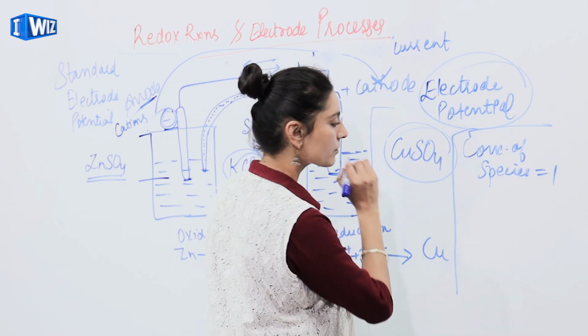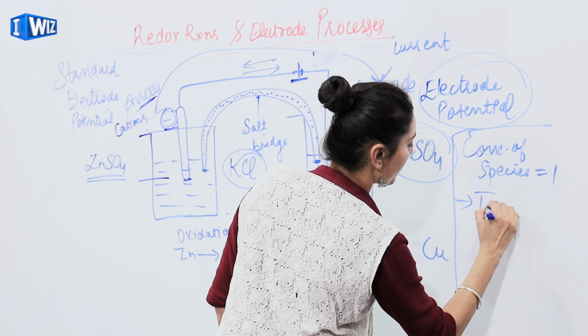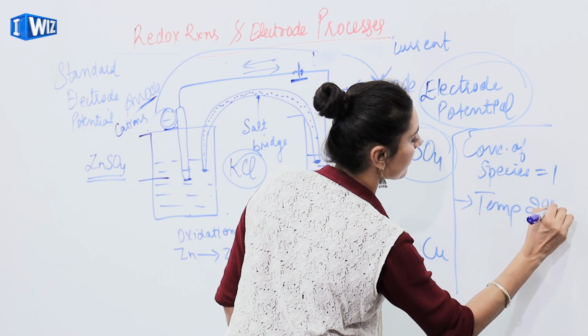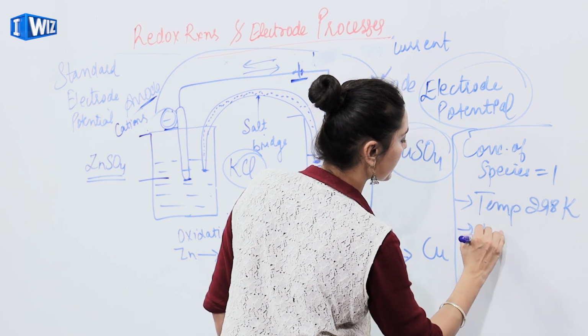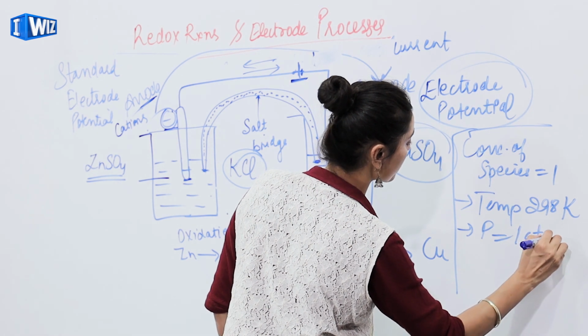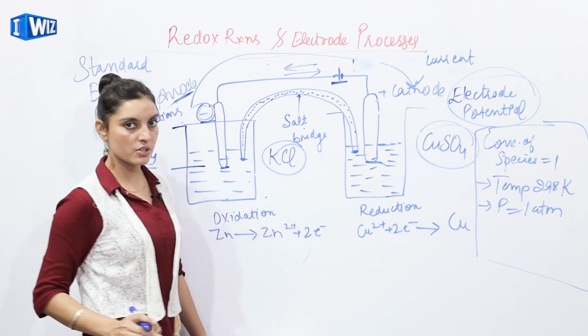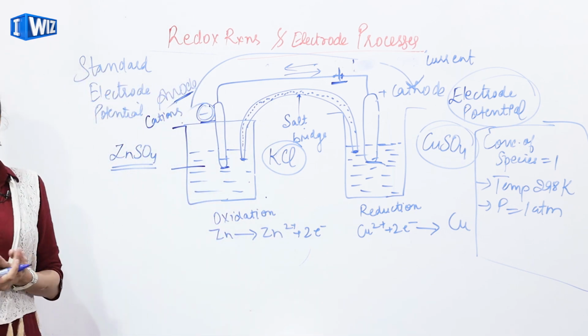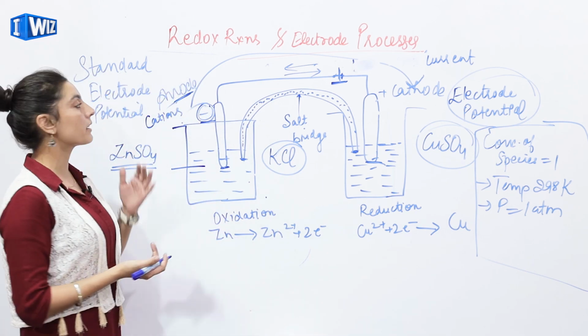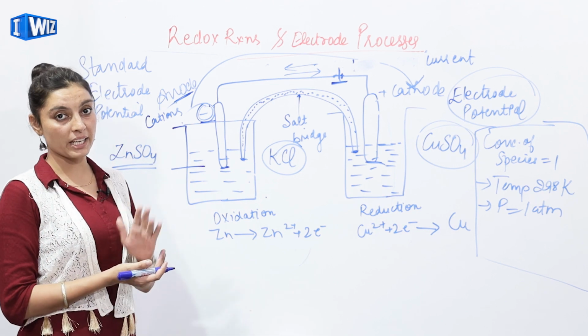Then the temperature was 298 Kelvin, which is the standard temperature. The pressure was 1 atmosphere. Under those conditions of temperature and pressure, the electrode potential available there is the standard electrode potential.